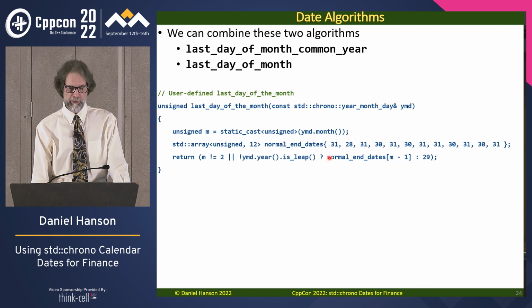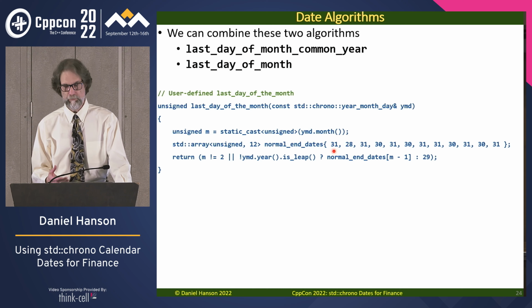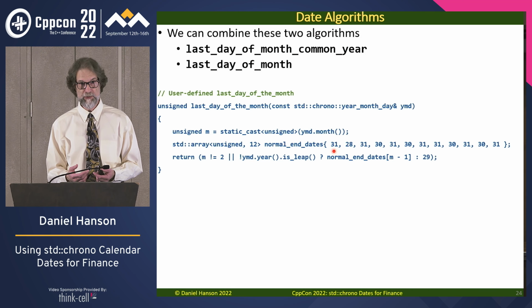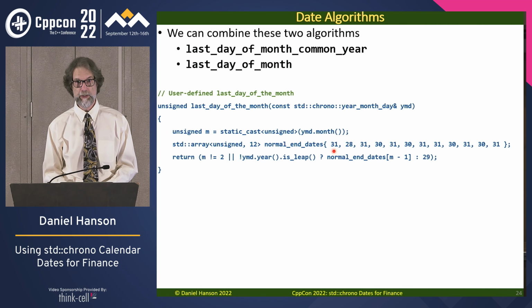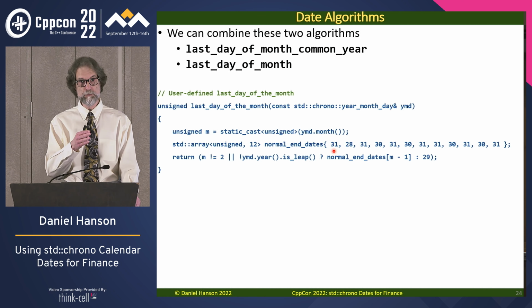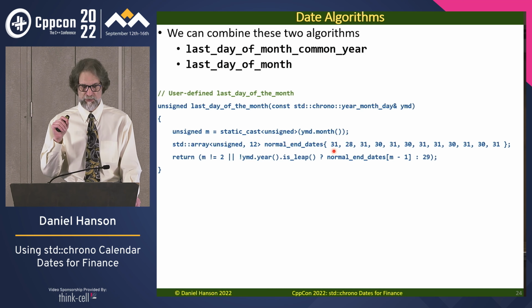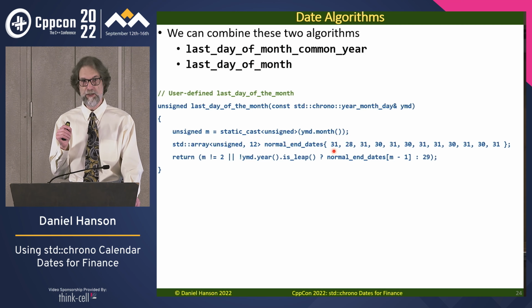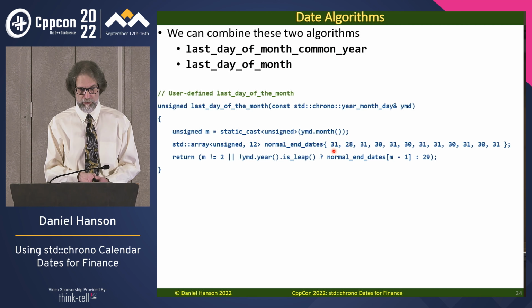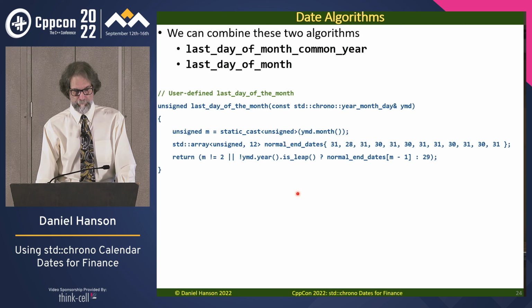And then we put, this is more brute force. We're not using the std::chrono functionality. We're just putting in the normal number of days for each month, so for non-leap years. And then we just check. The only case we need to be worried about is if we're dealing with February in a leap year.